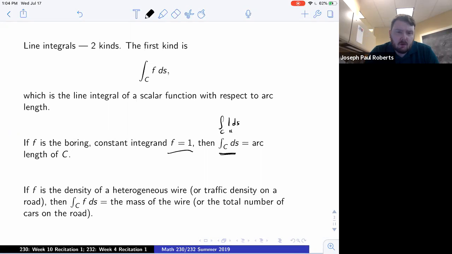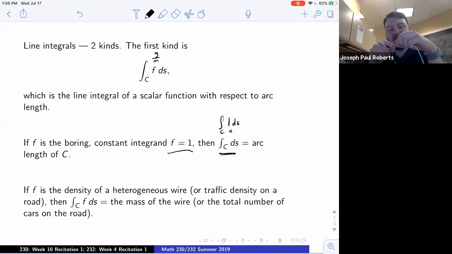And then otherwise, you want to think of your integrand f as being some kind of linear density function. So for example, maybe it's the grams per meter of some kind of wire. So let's say you have some wire, and maybe it's made out of different metals. So parts of it are made out of gold, parts of it are made out of aluminum, and gold, of course, I'm pretty sure is a lot heavier than aluminum.